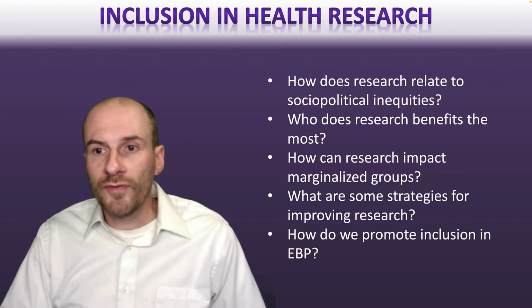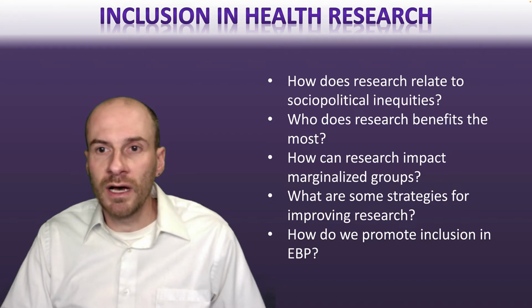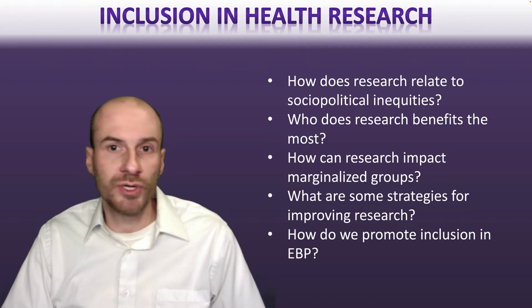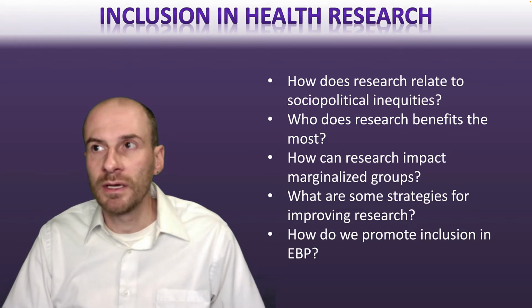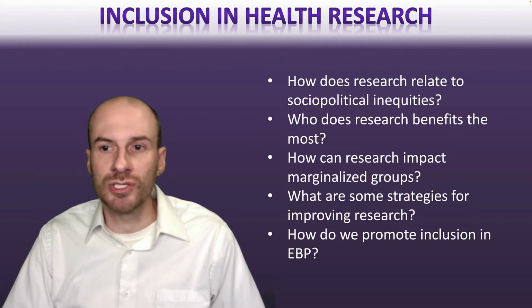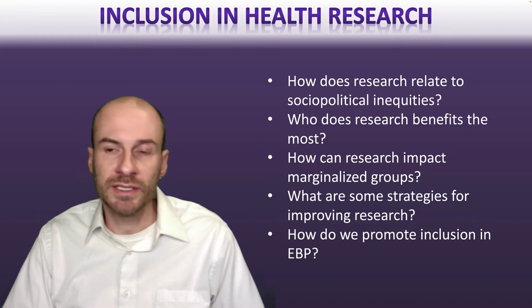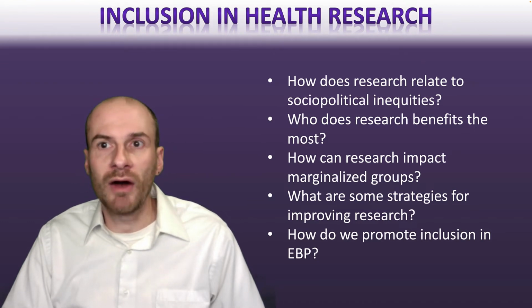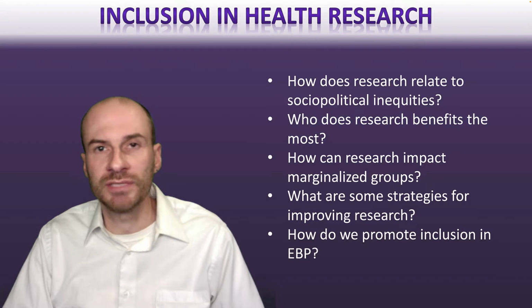So the first thing I would like to say is, we need to think a little bit about research in the context of what it means in relationship to these socio-political inequities. Talk about what that connection is between those elements.